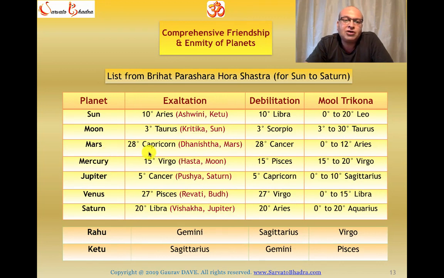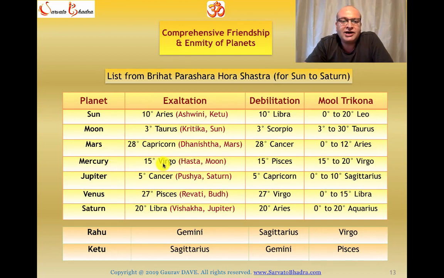Mars gets his exaltation at 28 degrees in Capricorn of Dhanishta Nakshatra, and 28 degrees of Cancer is the debilitation point. 0 to 12 degrees of Aries is the Mool Trikona of Mangal, and from 12 degrees onwards to 30 degrees, the own house definition will follow in that case.